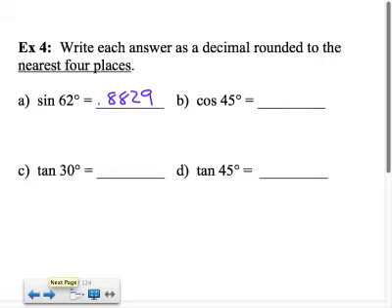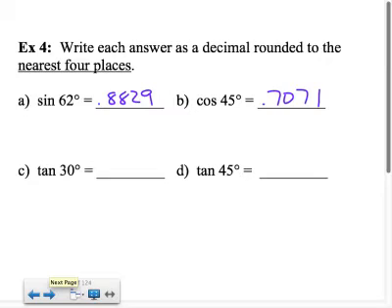Now, if you're looking at that and saying, wait, that's not what I got, I got a negative number, or something way different, chances are you're not in degree mode on your calculator. So you're going to have to find the settings to change it to degree mode. If you're not sure how to do that, we can answer those questions in class, but it's important that you know how to use your own specific calculator. Okay, so the next one is cosine 45. That's just 0.7071.